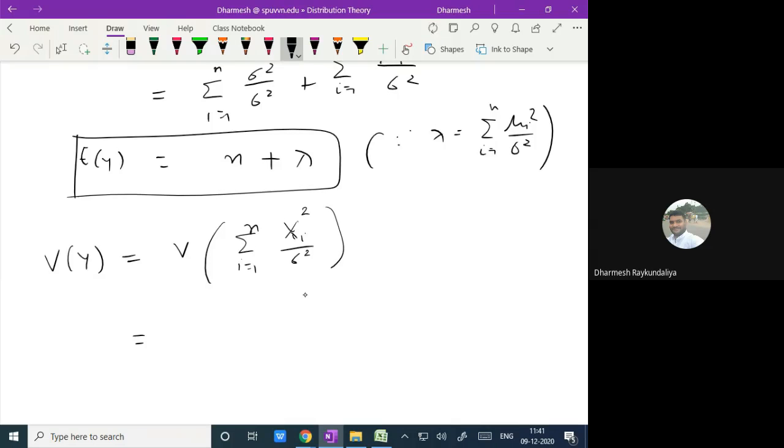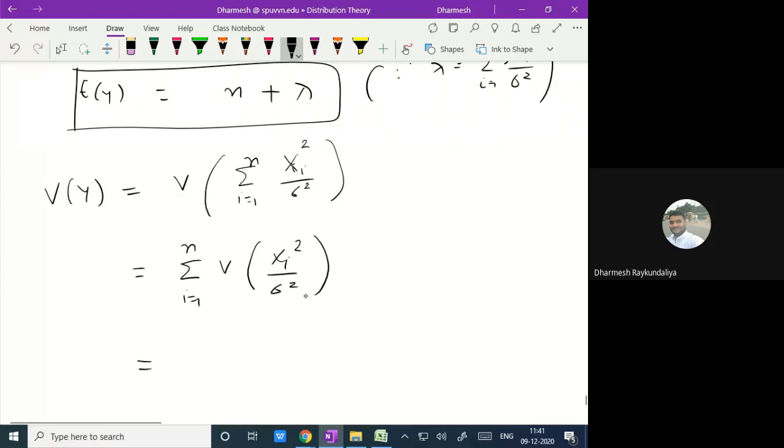Because they are independent, the variance of a sum of independent variates is nothing but the sum of the variances, so it is the variance of xi square upon sigma square. But sigma square is constant, so it comes outside: the variance of x divided by a is 1 upon a square into the variance of x. So here we can take sigma square squared outside, it is sigma raised to 4, i running from 1 to n, variance of xi square.